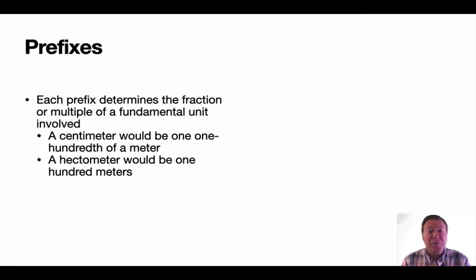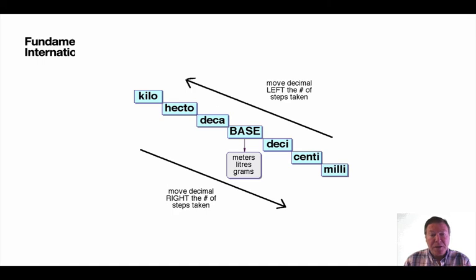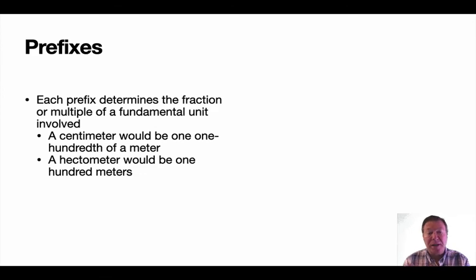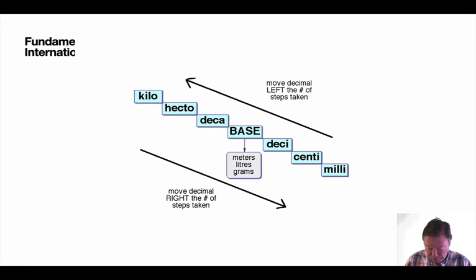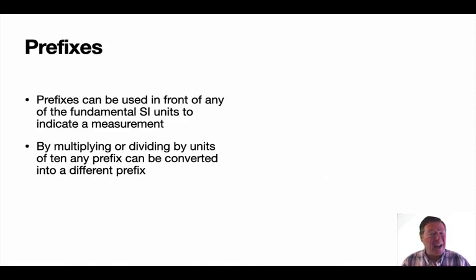So basically, each of these prefixes, you add it to a meter or a liter or an amp or a second or whatever you want to add it to, and it's like a centimeter would be 1/100th of a meter. So the centimeter is down here. All right, this is the centimeter. And then you have a hectometer, which is 100. We can put them, like I said, in front of anything.